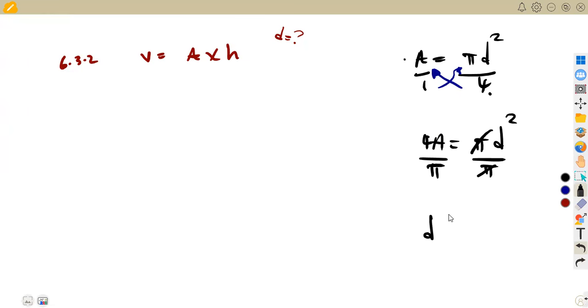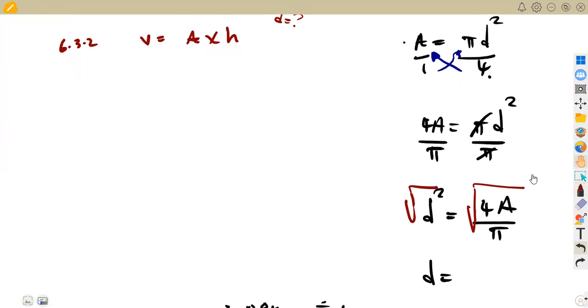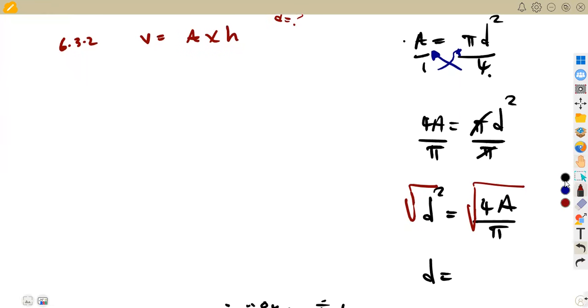So d squared is going to be 4A over pi. To find d, simply introduce the square root to remove the square: the square root this side, the square root that side. So we obtain d as the square root of 4A over pi.